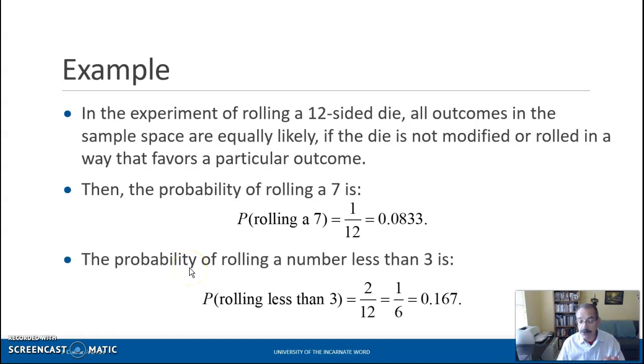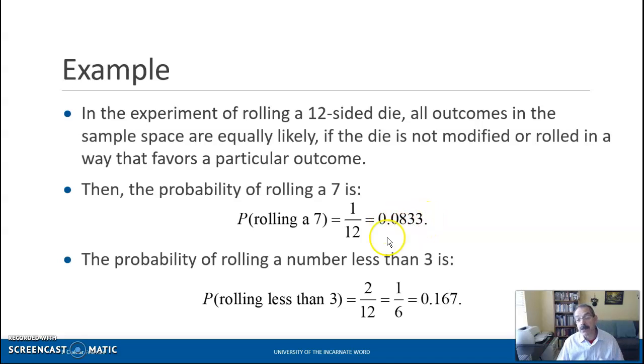So every outcome from rolling the die has an equal chance. The probability of rolling a 7, of course, is 1 out of 12, because there are 12 elements in the sample space, and that probability is 0.0833.